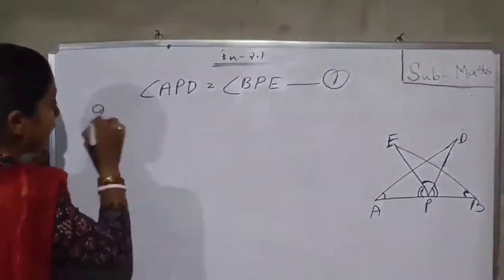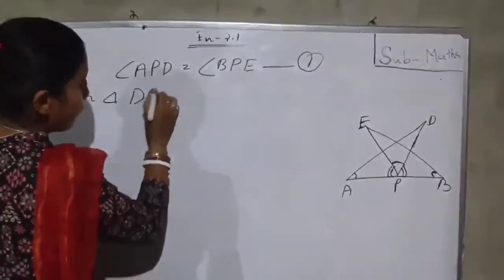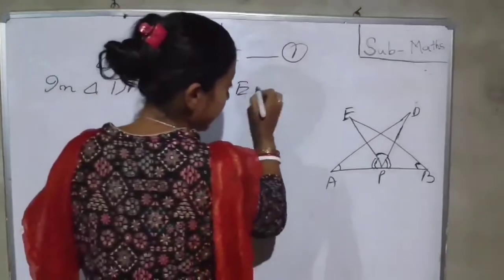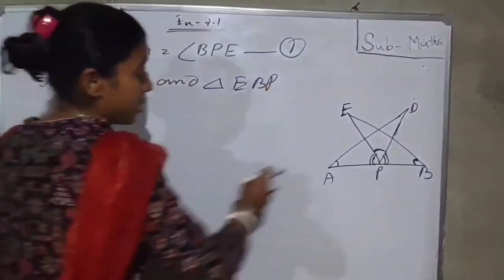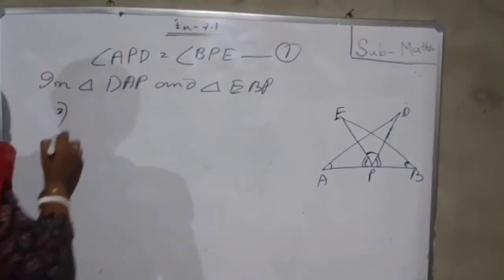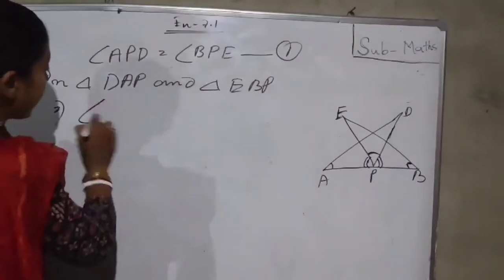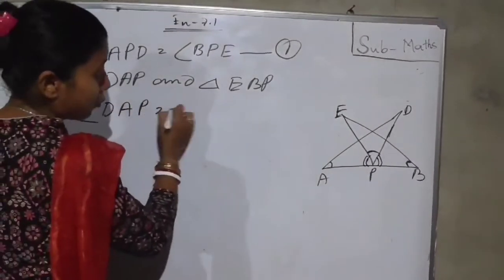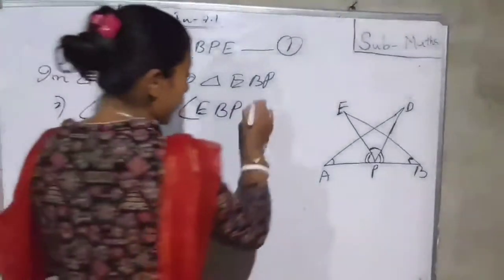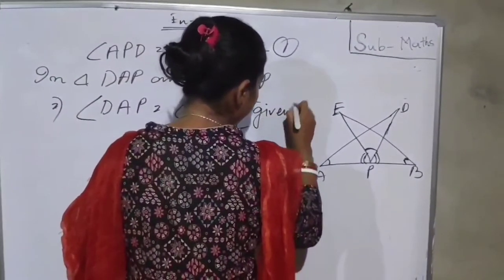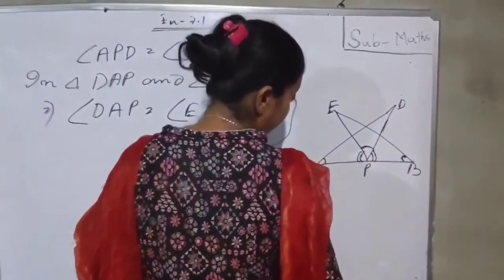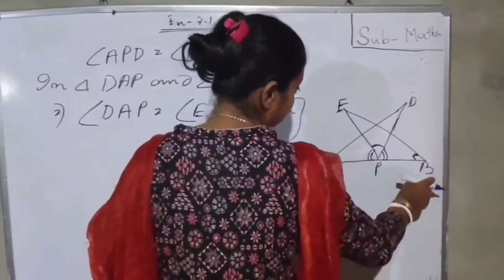Now in triangle DAP and triangle EBP, what we can write from here? We can write angle DAP equal to angle EBP. It was given, so you will write here given: angle BAD is equal to angle ABE.